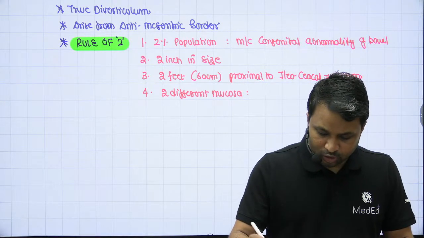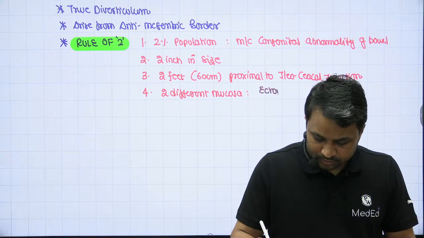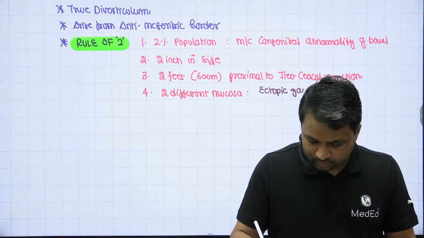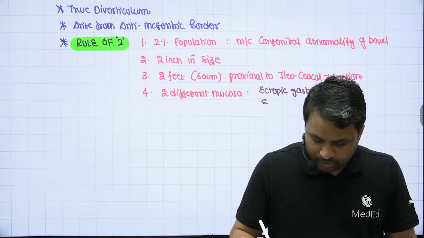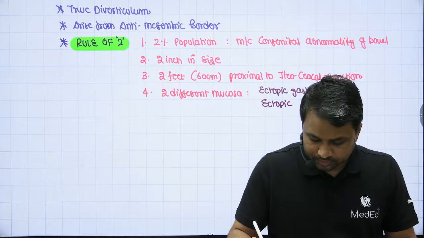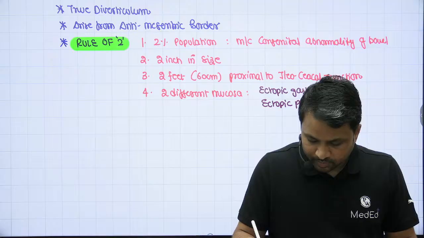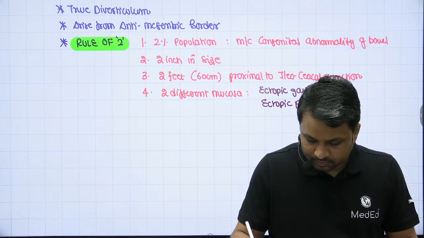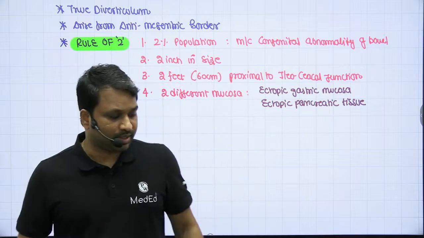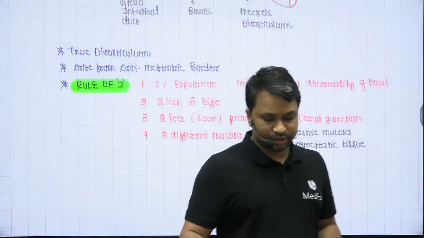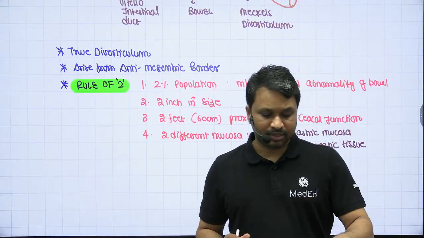It can have ectopic gastric mucosa as well as ectopic pancreatic tissue. So this is the rule of 2 that is present in Meckel's diverticulum.